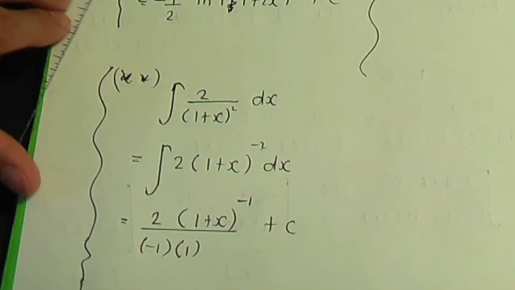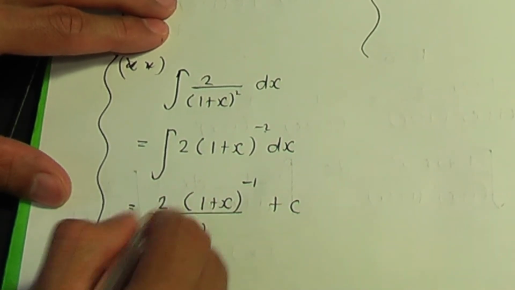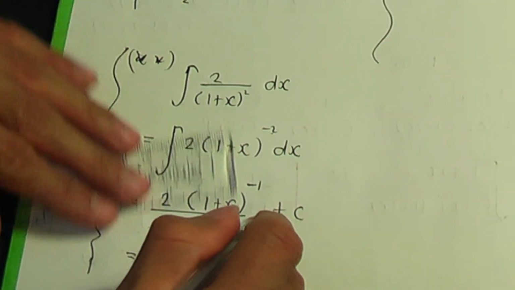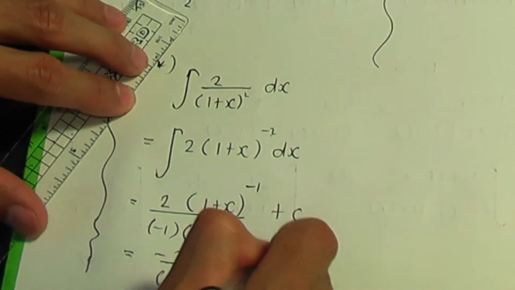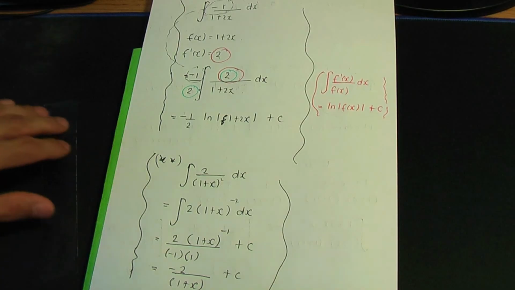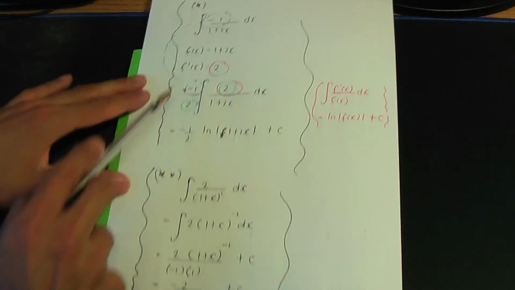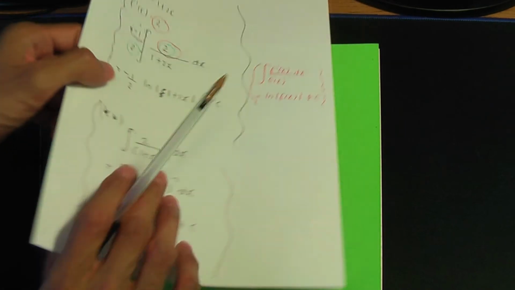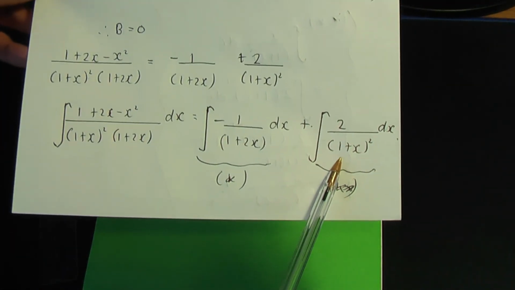Plus c, just for completeness. We could rewrite that as -2 over 1 plus x plus c. So here are the solutions to star as well as double star, the two integrals on the right hand side.